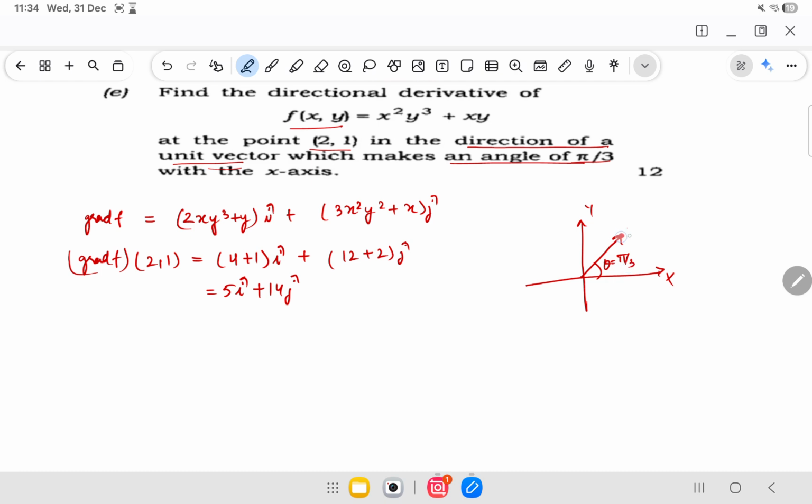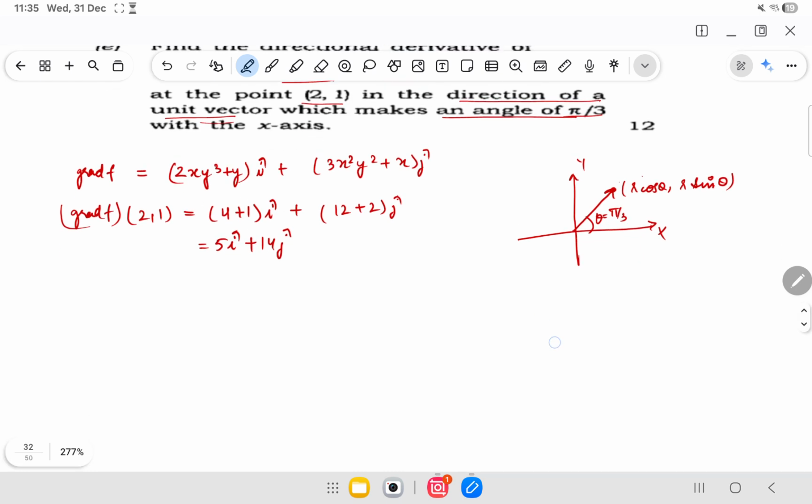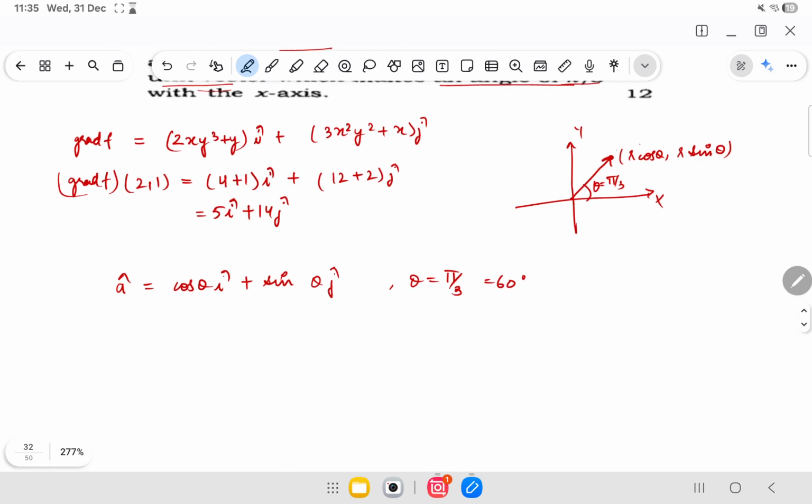The point will be r cos theta, r sin theta, but since it is a unit vector, we choose r as 1. So our vector a will be cos theta i cap plus sin theta j cap, where theta is pi by 3, which is 60 degrees. So cos 60 is 1 by 2 i cap plus sin 60 is square root 3 by 2 j cap.